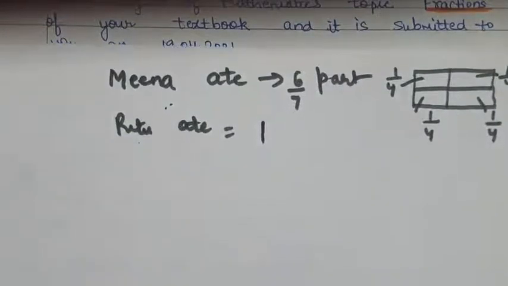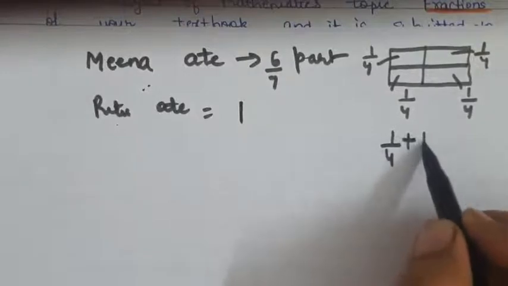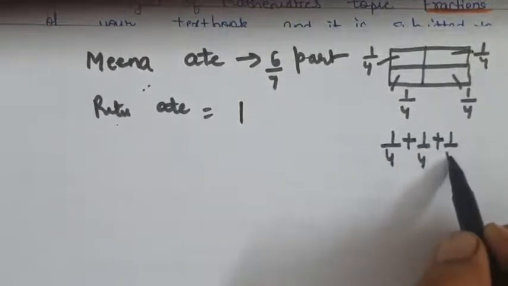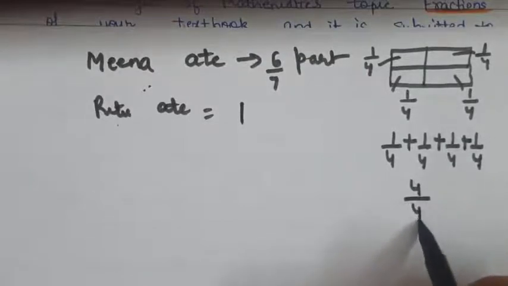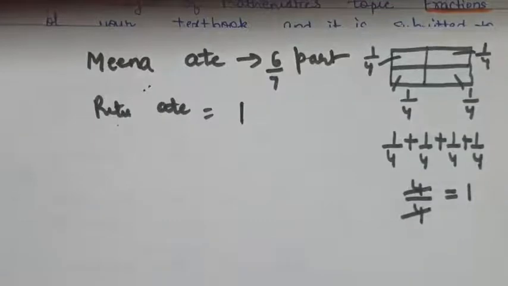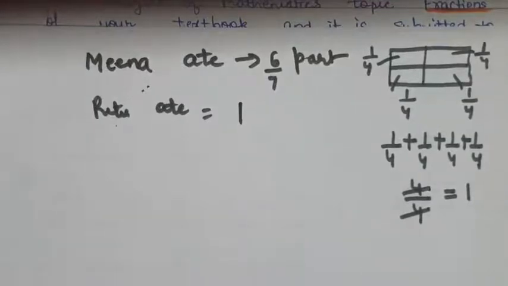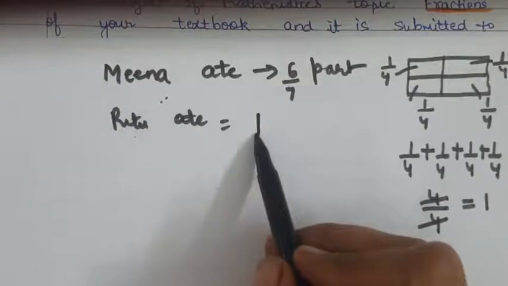Now if you add all the parts, that is 4 times, what do you get? You get 4/4, that is equal to 1. So it means on the whole the sum of the fractions will be only 1. That's why we took 1 here.